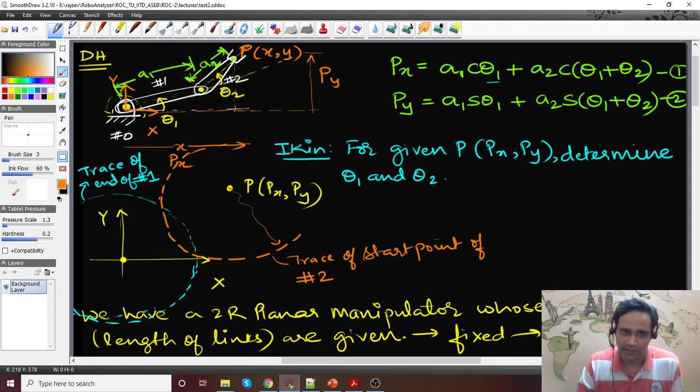Okay, so that is what it is. So this is trace of end of link 1, this is trace of start point of link 2, that is this point, start point of link 2.